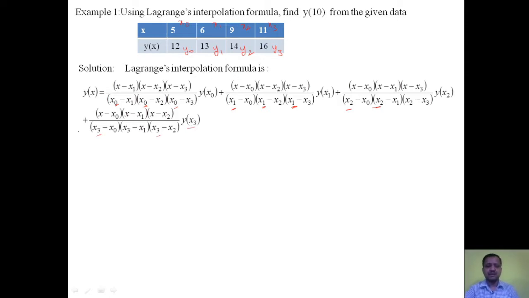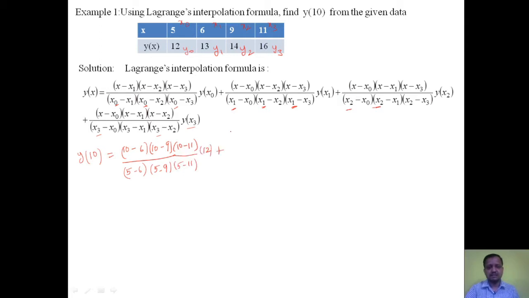So here we need to find y at 10, so in place of x we substitute 10. So x means 10 minus x1, where x1 is 6, into 10 minus x2, 9, into 10 minus x3, 11, divided by x0 minus x1, x0 minus x2, x0 minus x3, that is 5 minus 6, 5 minus 9, 5 minus 11, into y at x0. y at x0 means y0, that is 12.